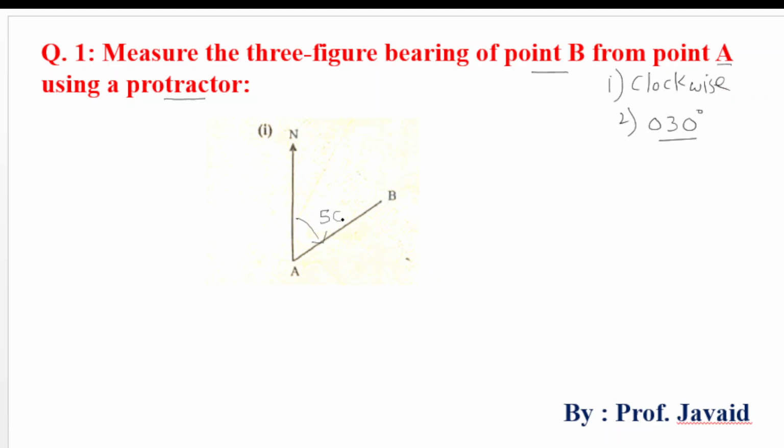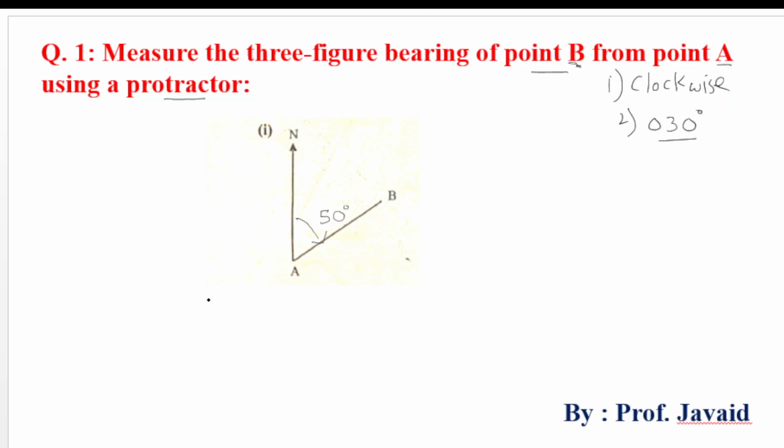So this is 50 degrees, as I already found. We have to move like this, from A to B. It's written the bearing of point B, this is the bearing of B from point A. So now you have to write the answer at the end.